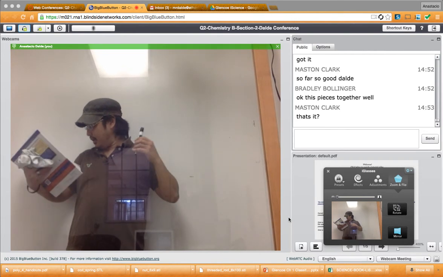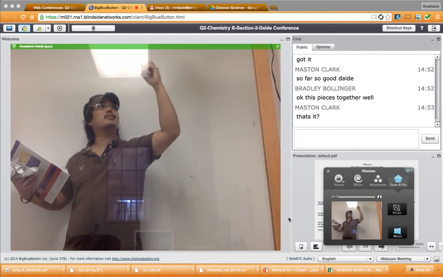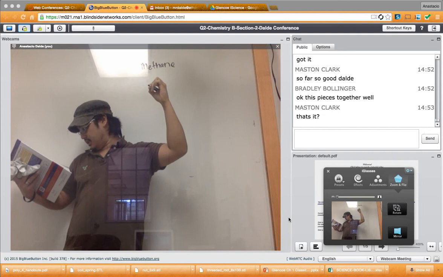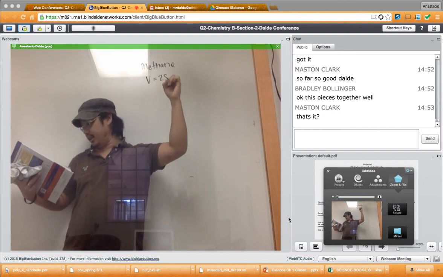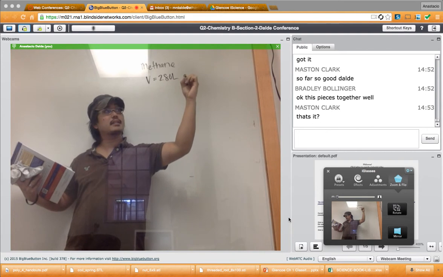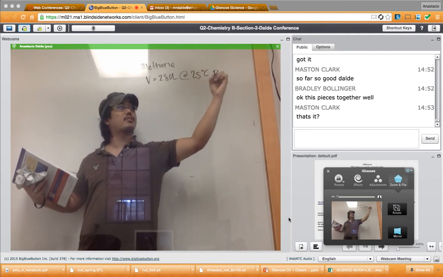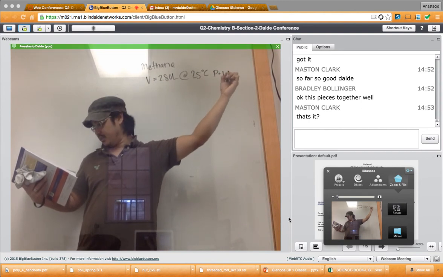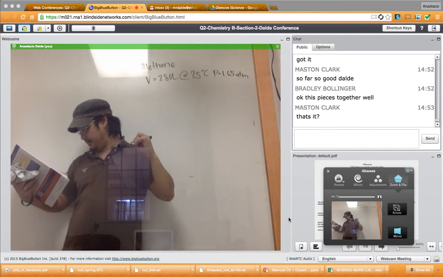All right, let's see. A sample of methane gas. Oh, so we got methane. It is at a volume of 2.80 liters at 25 degrees Celsius, and pressure is 1.65 atm. Okay?